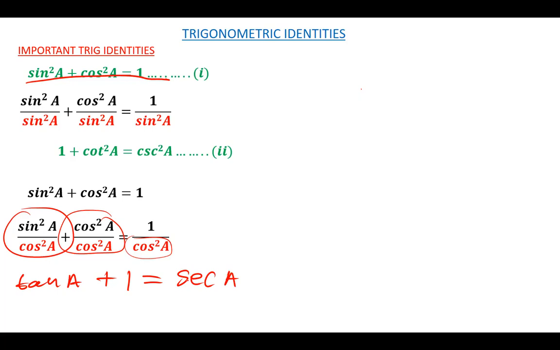So if you want to master these, you don't want to be forgetting, since they all have squares, you also have to put squares. If you don't want to forget the sec, the tan, the cot, the cosec, you simply have to do this.